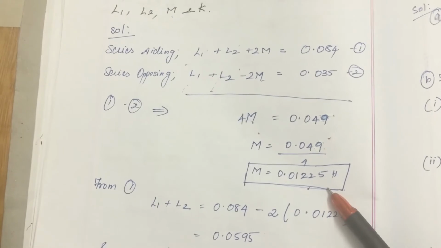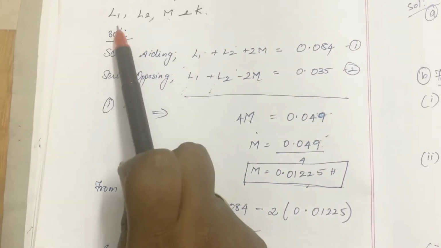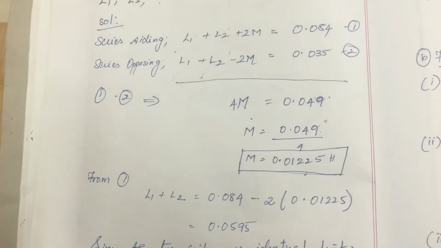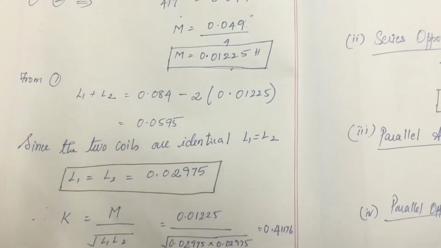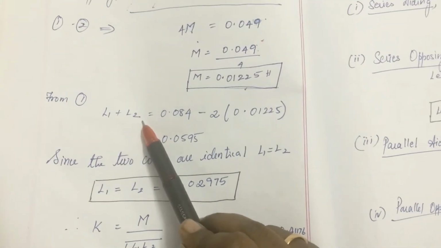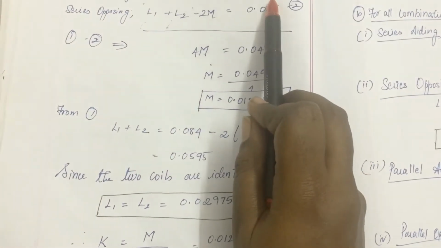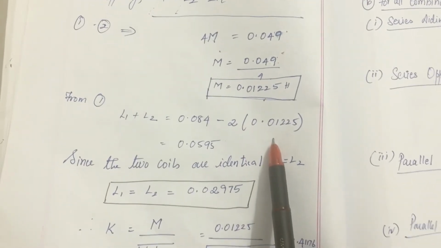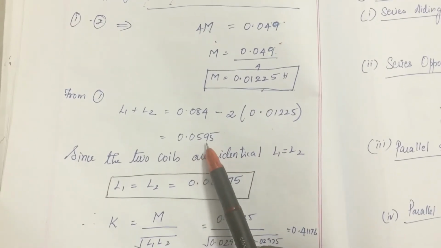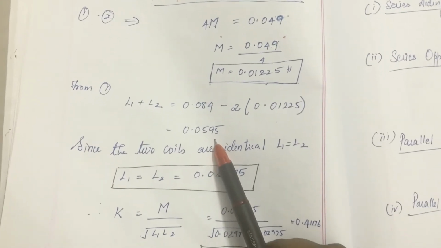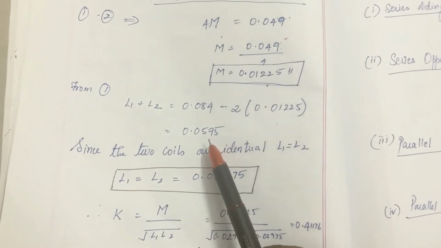Now I have to find the self-inductances of the coils L1, L2 and the coefficient of coupling K. From equation 1, L1 plus L2 is equal to this minus 2M, substituting my M value. I've got L1 plus L2 as 0.0595.